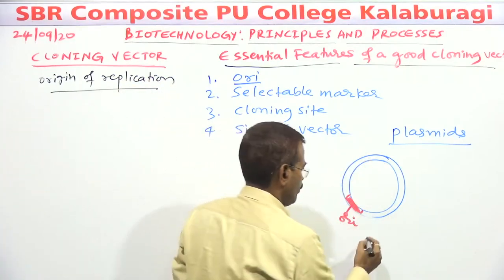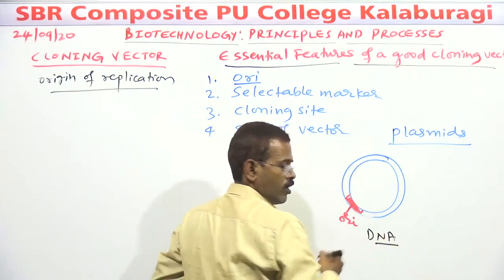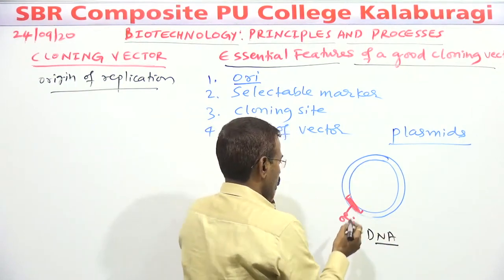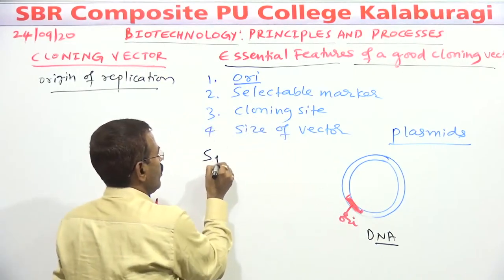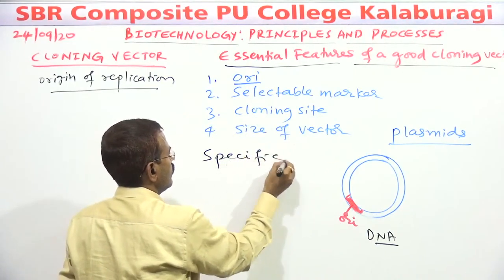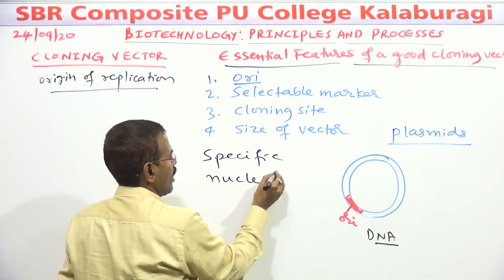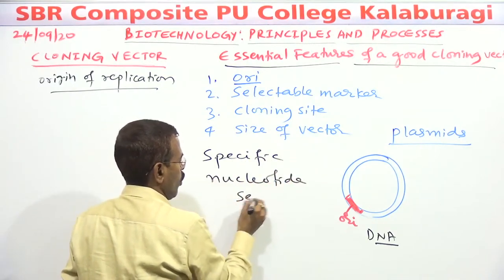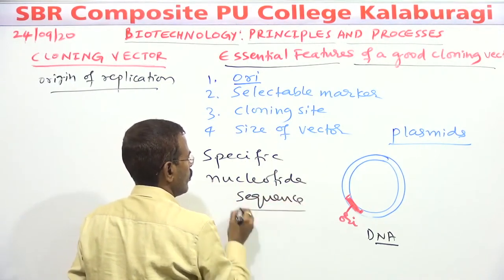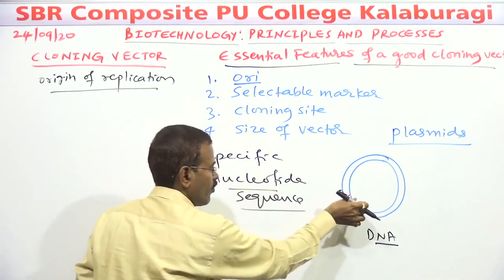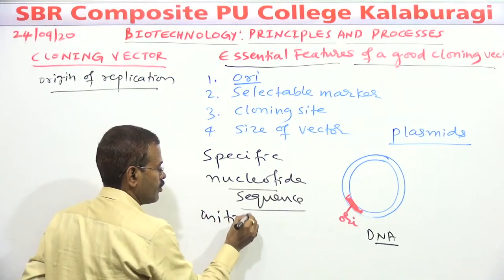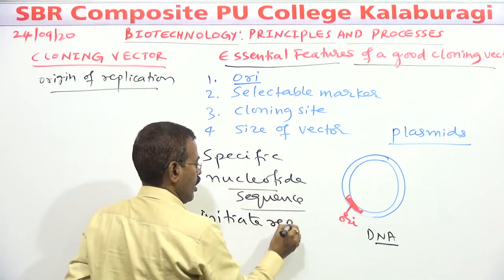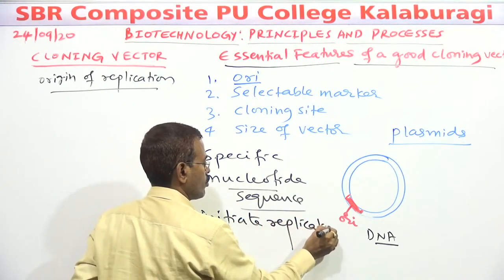This is a double-stranded DNA. This ORI is the specific nucleotide sequence. ORI has specific nucleotide sequence which initiates the replication process.